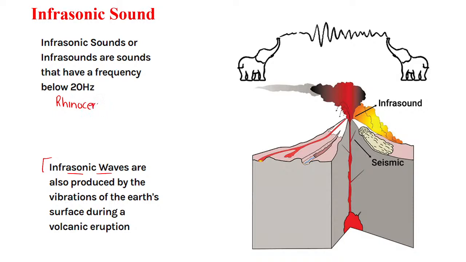So these animals immediately come to know about a natural calamity that is going to happen, that an earthquake is going to erupt or a volcano is going to start erupting at that particular place. So infrasonic sound waves are detected by the elephant, rhino, and whale.